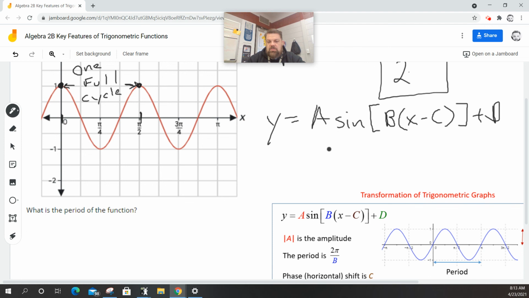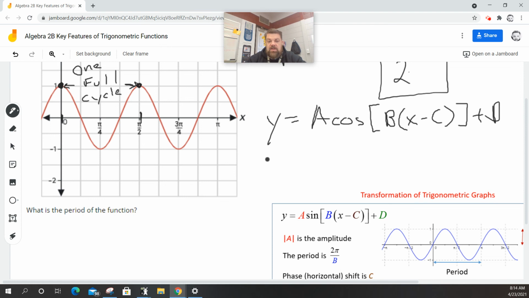Well, our function, and this is the same for cosine. Because they're cofunctions of each other, just shifted over a little bit, if I were to say cosine here, it's the same thing, because it is.